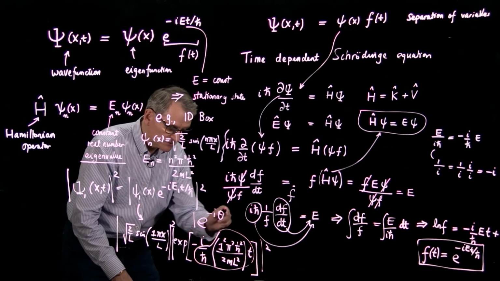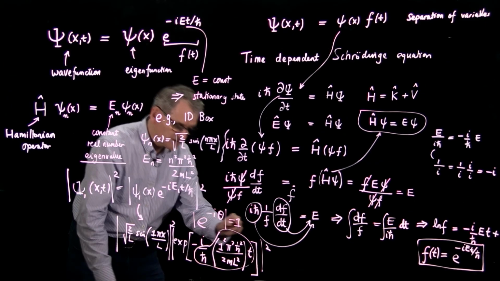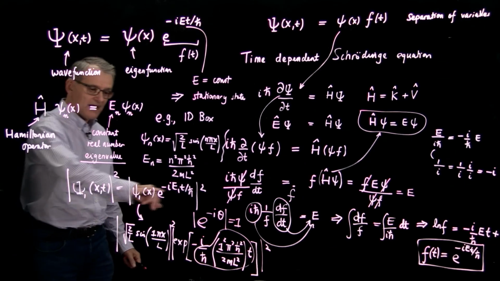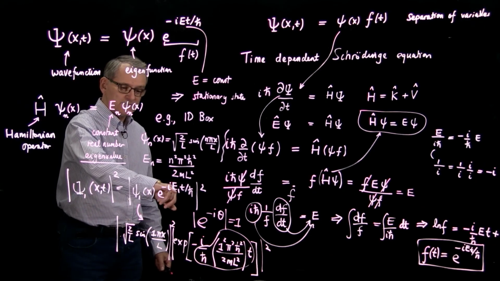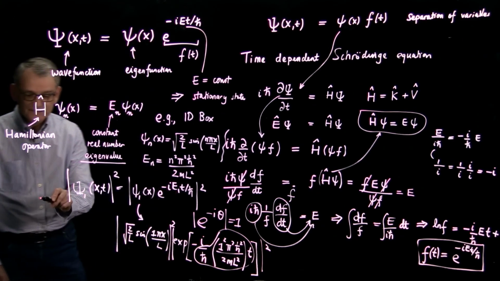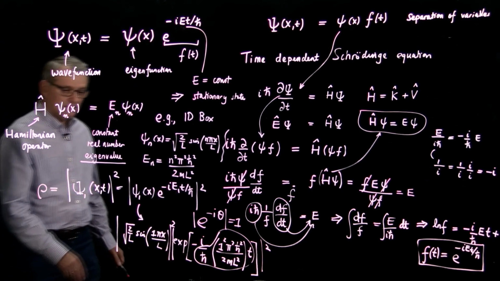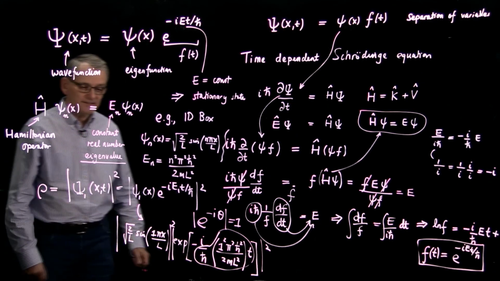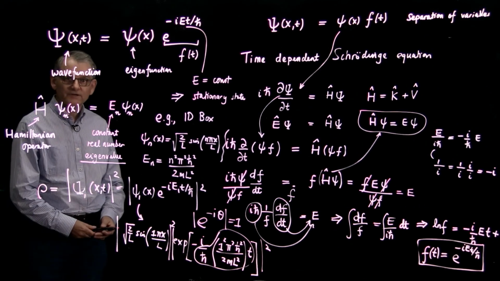The magnitude of that is just 1. That's a circle of radius 1, which shows you that for an eigenstate, when the system is in an eigenstate of definite energy, in this case E1, the probability density is independent of time. It's given simply by the square of the magnitude of the eigenfunction.